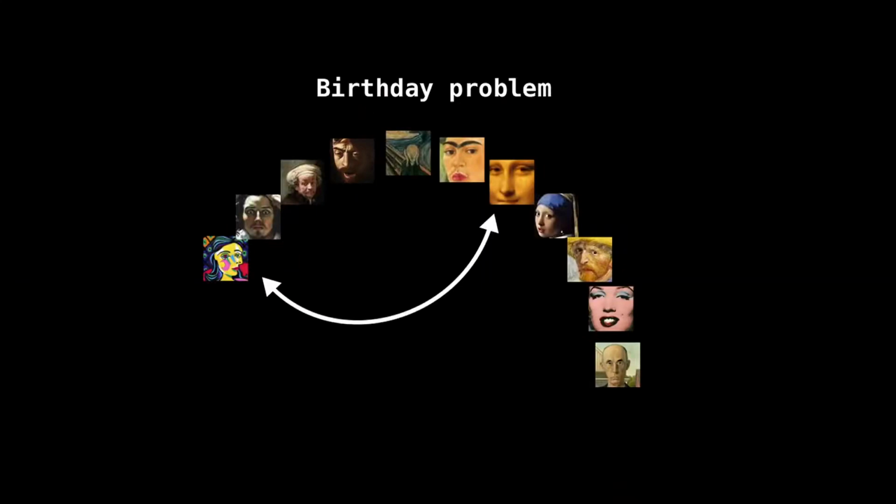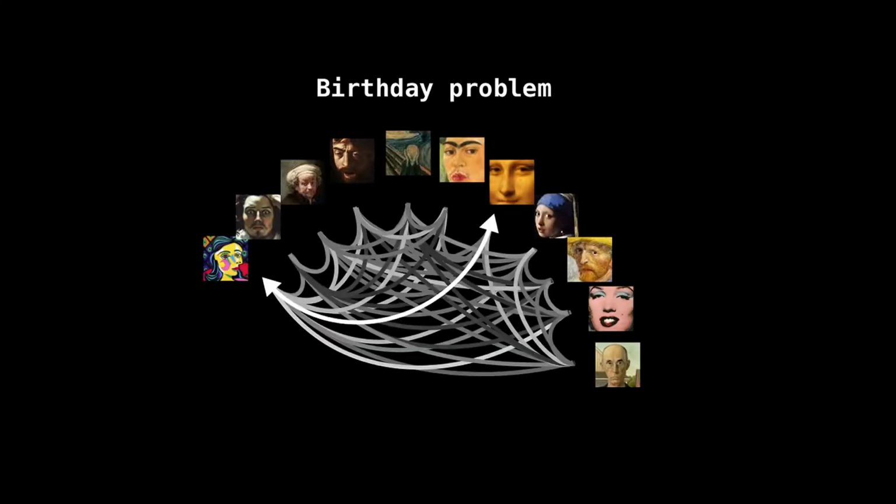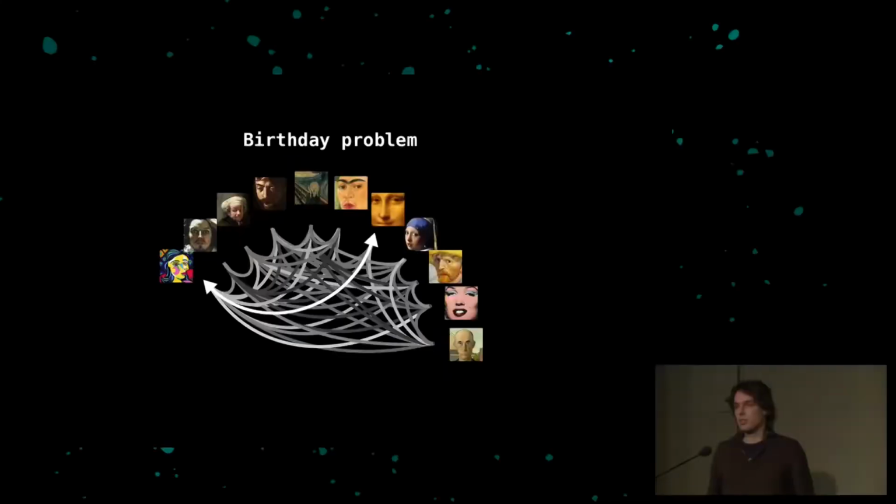The intuition behind this is that you're not comparing one person's birthday with a group of other people. You're actually comparing everybody's birthday with everybody else's birthday. And when you think about it, this is exactly what the memory deduplication routine does as well. It compares every page with every other page.